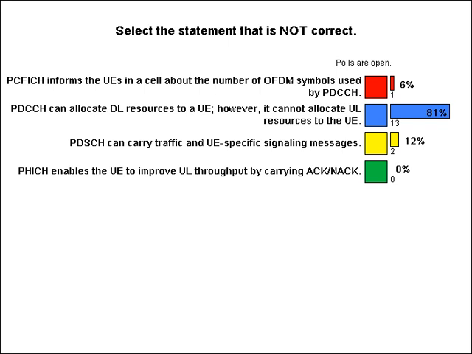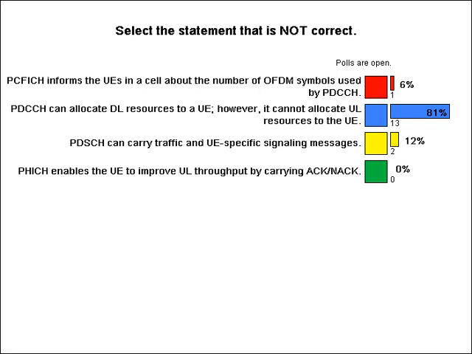Okay, so let's discuss this. The first one, the control format indication channel. Yeah, I understand maybe because of the acronyms, it may be a little bit difficult, but what can we do, right? We can never avoid those. But basically, control format indication channel tells us how many symbols are consumed by the control channel. So that is correct.